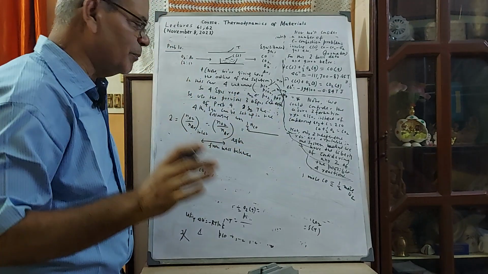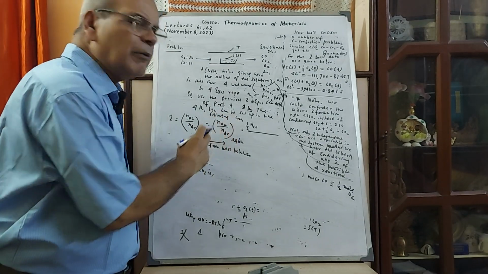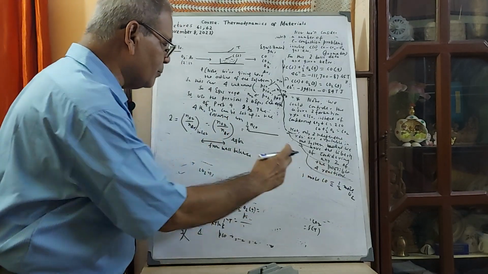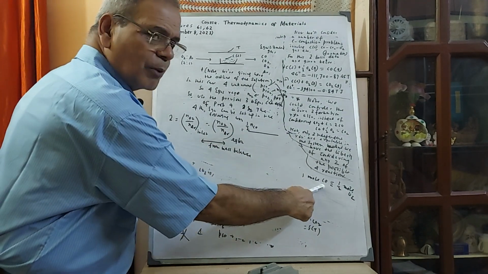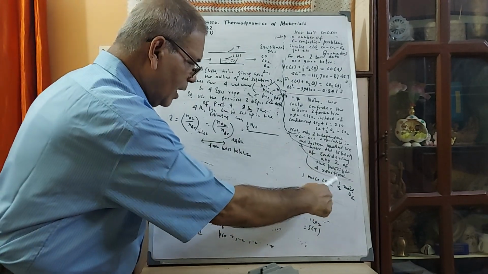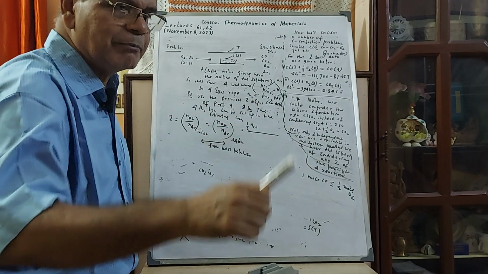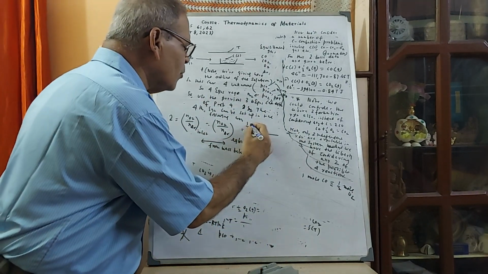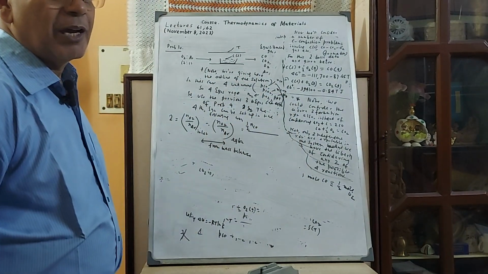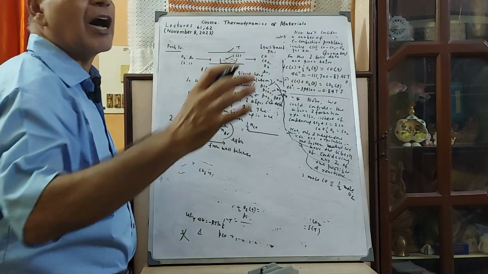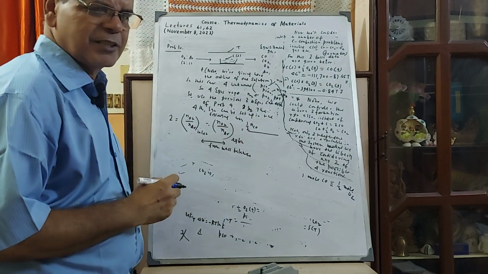So now, at equilibrium, NCO moles of CO account for half NCO moles of O2. I'm mass balancing O2. If 4 moles of CO exit, how many moles of O2 are there? 2 moles. Half as much. So I have written half as much.